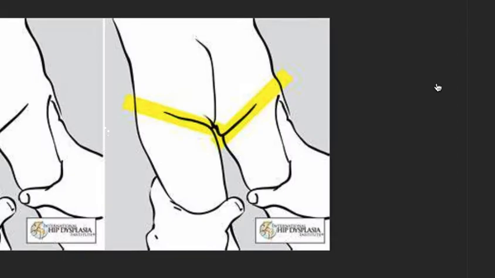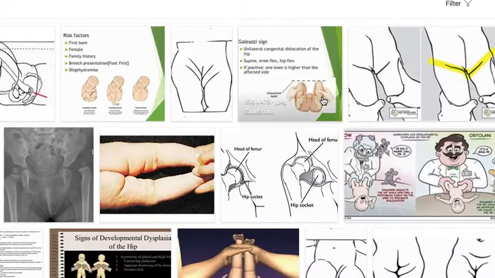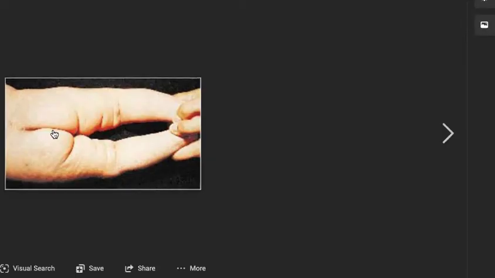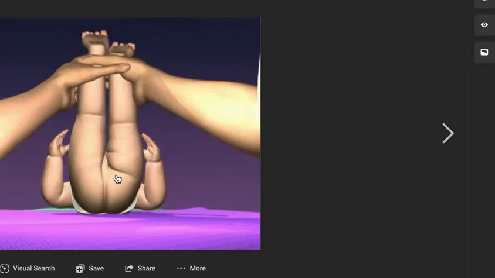For example, in this one they are showing that the buttock folds or the skin folds around the hip are not symmetrical. Or you can see this photograph, they are not symmetrical. Or this one, they are not symmetrical. And see, one of the limbs is down and the other, why? Because the femur here is dislocated, right?